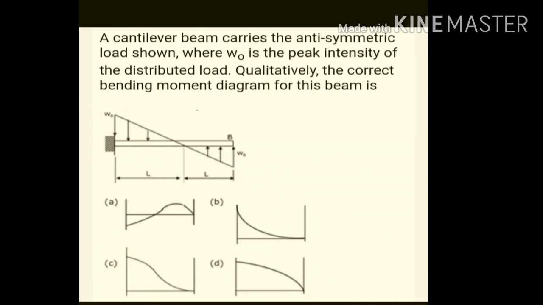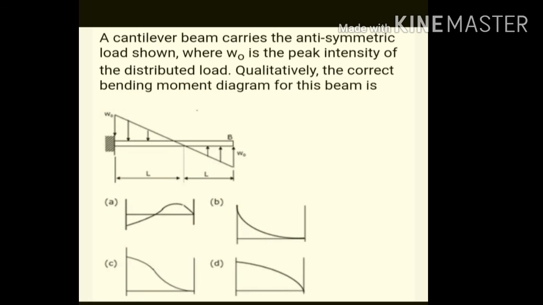So the answer will be C. That means initially the bending moment is more, and as it goes in the other direction, the bending moment decreases, because if one is clockwise, the other is anti-clockwise. So the bending moment varies cubically.